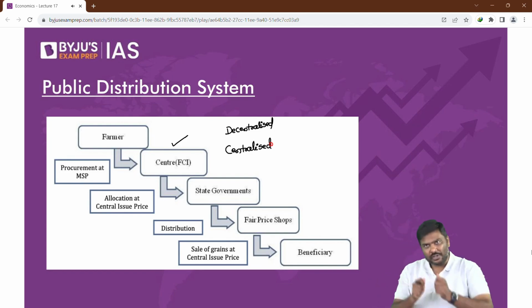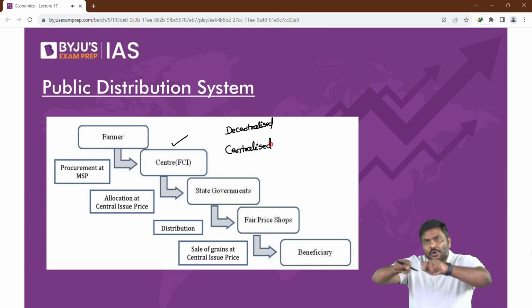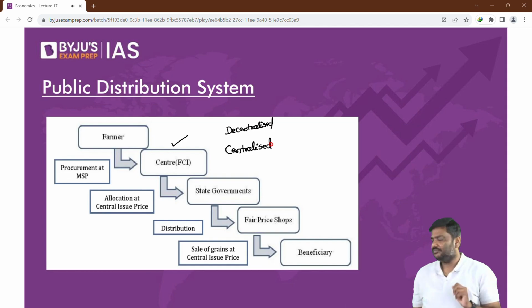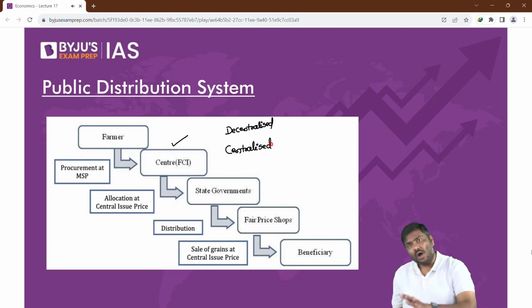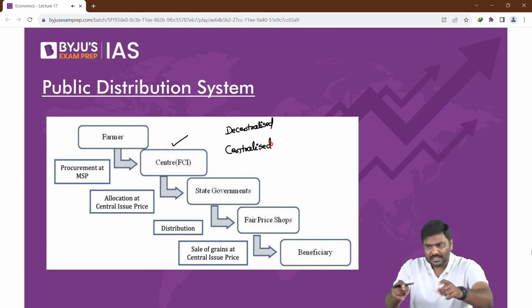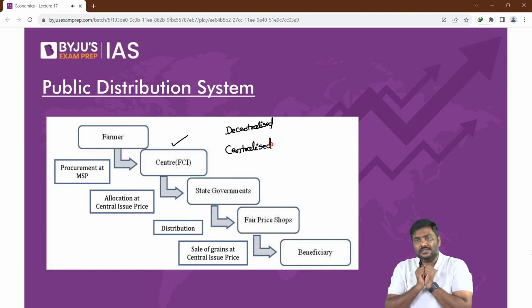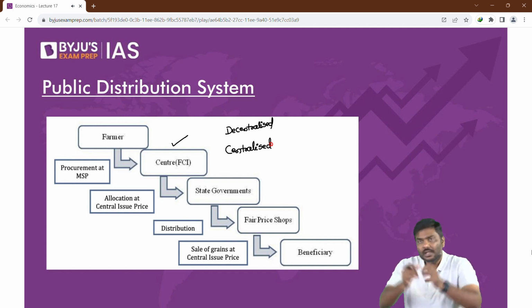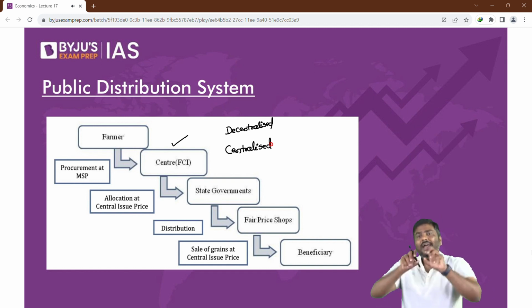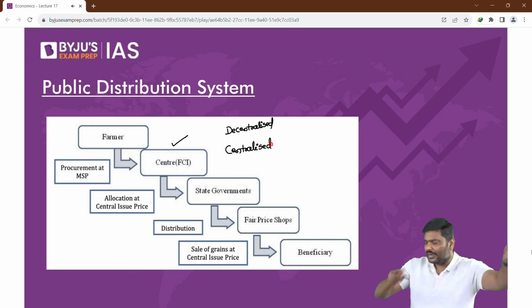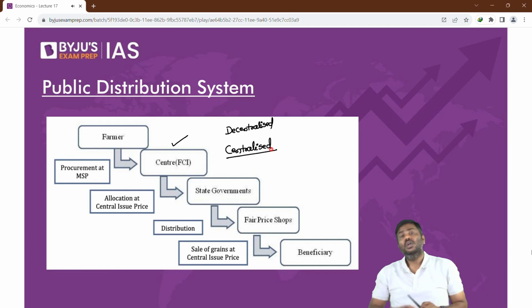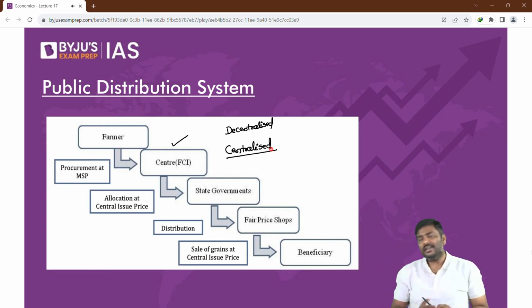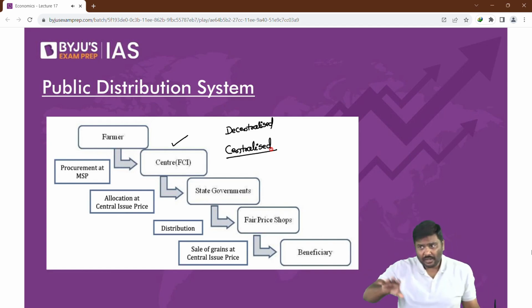Food Corporation of India, either directly or through state government agencies, will procure food grains and then distribute them to different states. This is called a centralized pool. They will purchase the food grain and then distribute it to different states. This is called centralized procurement.